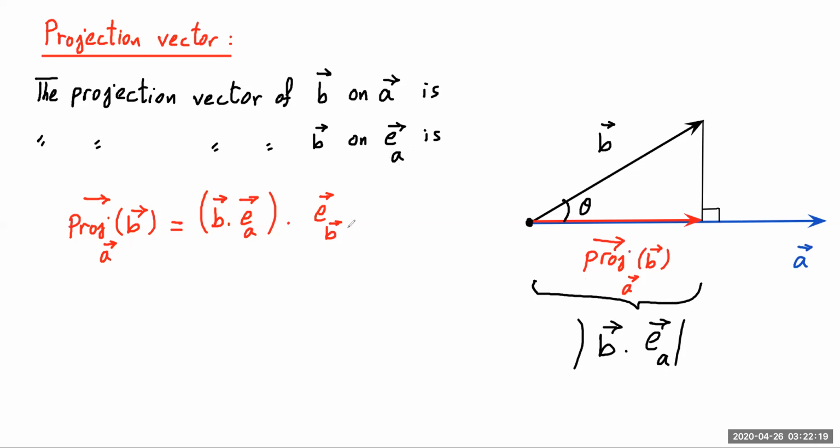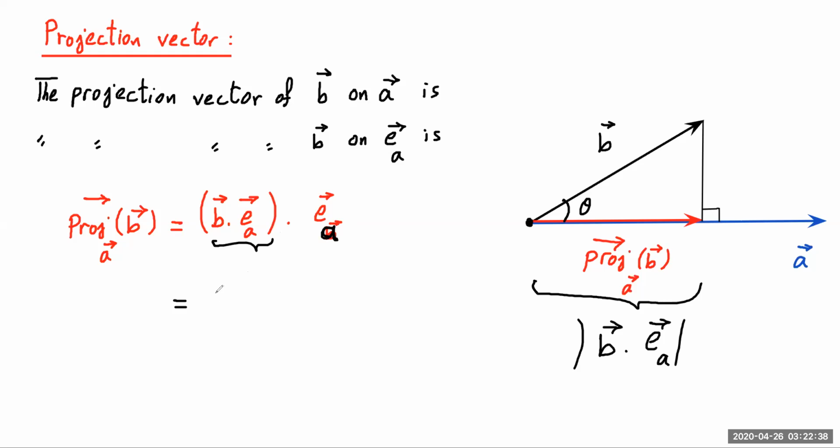Okay, so this length, I will multiply it by the unit vector of A, not B, the unit vector of A. So let's write more details.